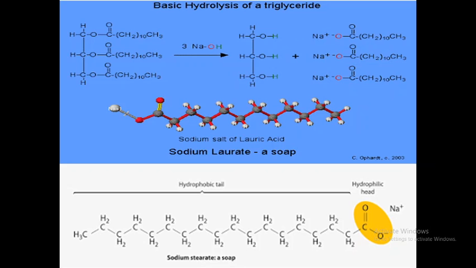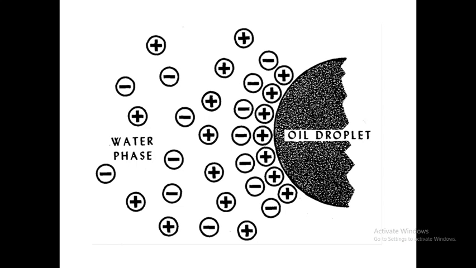This results in a negative charge on the surface of the oil globules because of the negative charge on the oxygen atom of the functional group. Now due to the surface negative charge, the positively charged ions, that is, cations from the aqueous dispersion medium, orient and are attracted towards the negatively charged oil globules.